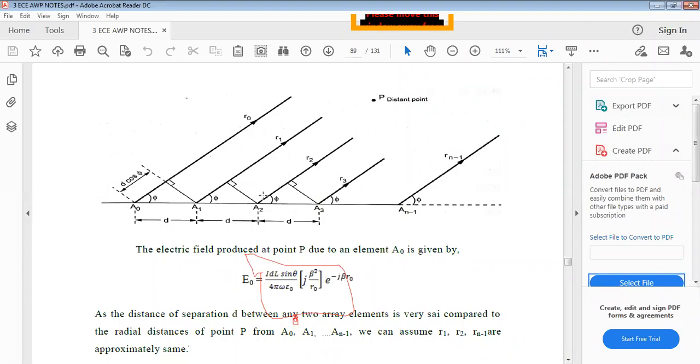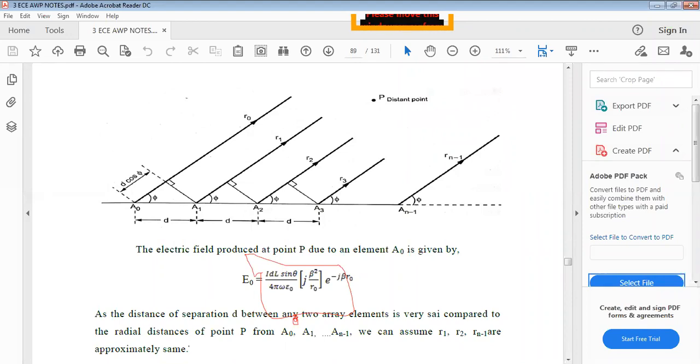This is the field strength E0 due to point source a0, given as I dl sin theta by 4 pi epsilon naught. Did you observe this expression, I dl sin theta by 4 pi epsilon naught? Where do we get that expression? In electromagnetic field theory, I dl sin theta by 4 pi epsilon naught. Where did it come from?